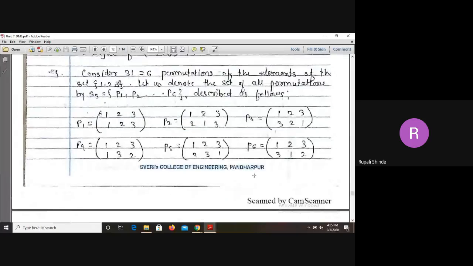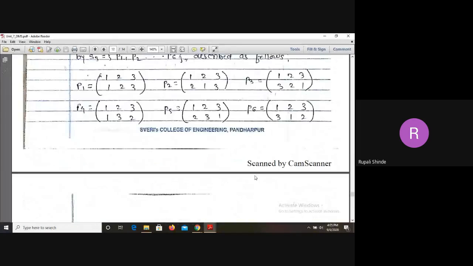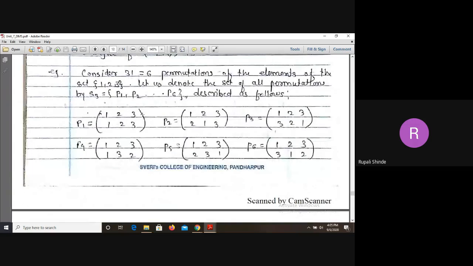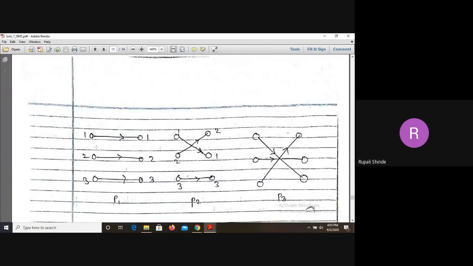Now from this we have to form a permutation table. But before that we can draw a diagram for each and every permutation. Now consider permutation P1. So P1 consists of 3 elements, 1, 2, 3. All these 3 elements are represented here as 1, 2, 3.